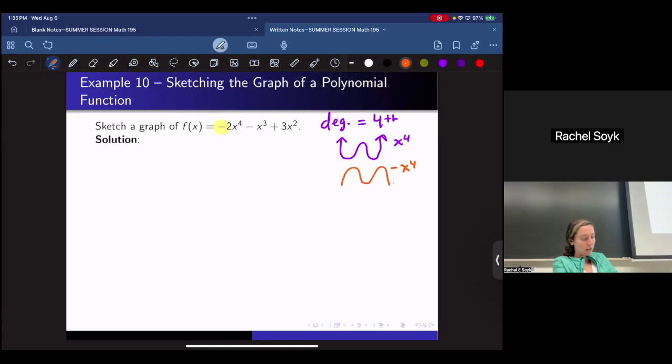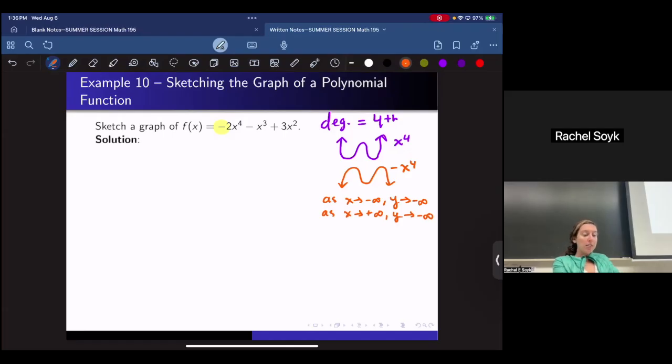It's going to look something like that. And that will very clearly give you your end behaviors for this function. So as x shoots to negative infinity, y shoots to negative infinity. As x shoots to positive infinity, y continues to shoot to negative infinity.